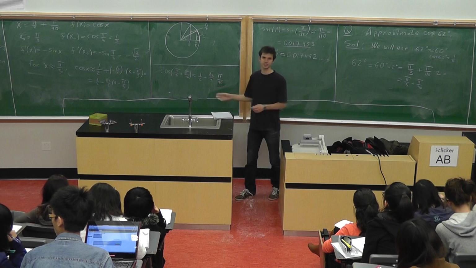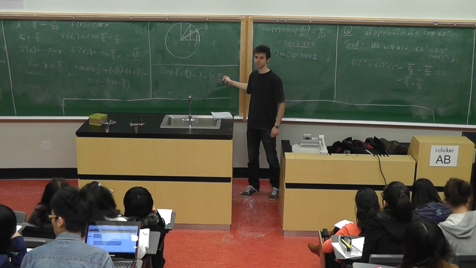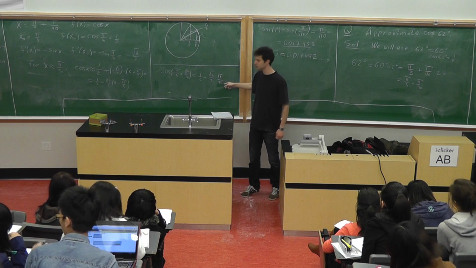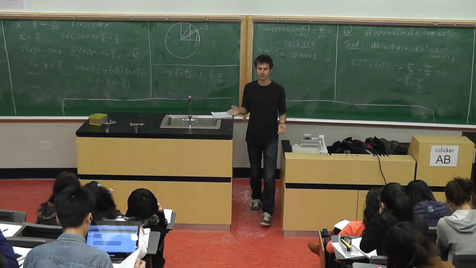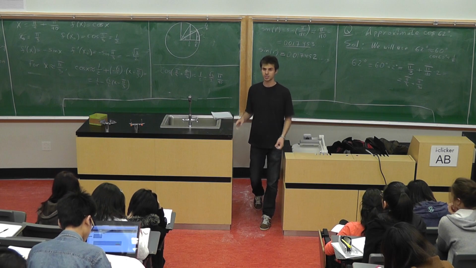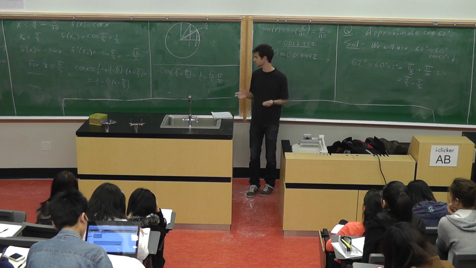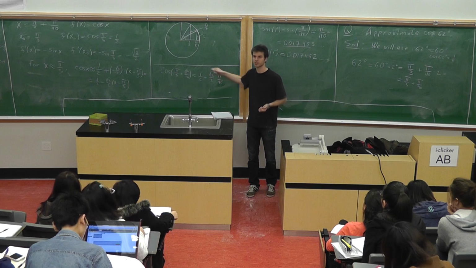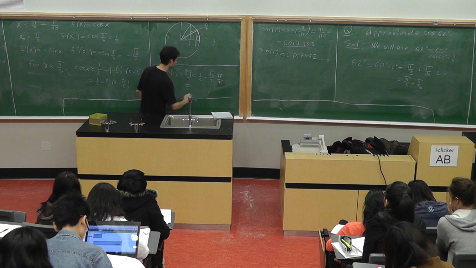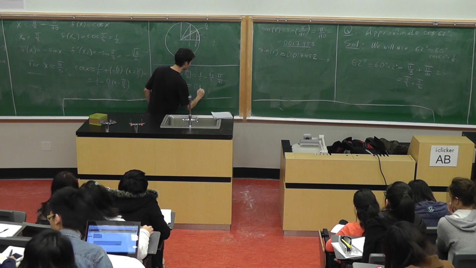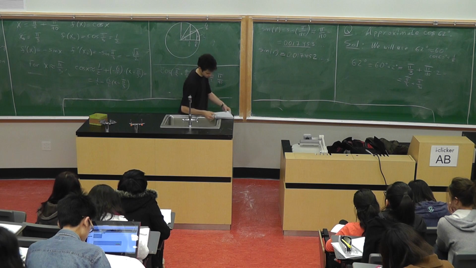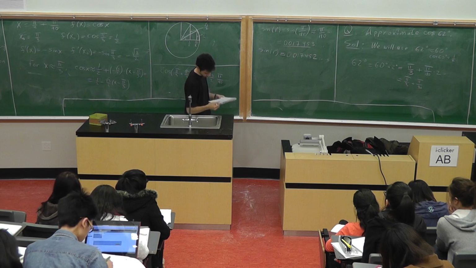Well, square root of 3 is 1.7, pi is 3, so the product is about 5, and 5 over 180, about 5 over 200, so it's about 1 over 40. I would say 0.025, something like this. So it's not that hard to actually compute what it is. So I would say it's kind of 0.5475. Let me check what it happens to be.